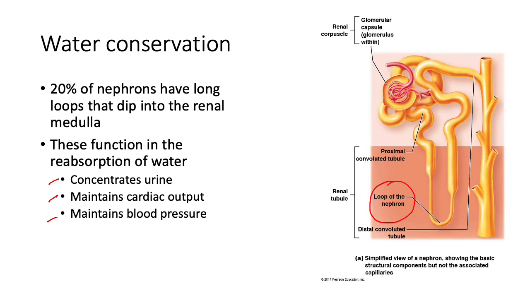And again, really all of the concentration or reabsorption of water is going to occur in this loop region of the nephron. So let's actually look at what's happening there.